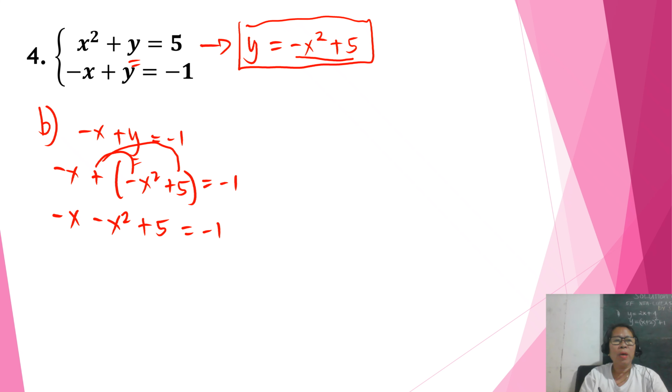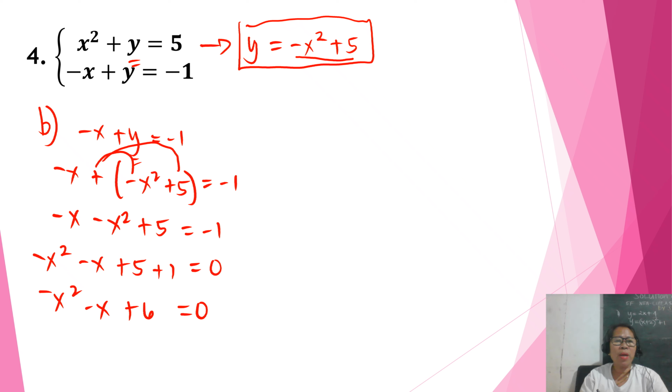And then we are going to arrange them into decreasing order. So negative x squared will be the first term, followed by negative x, then the plus 5, and that negative 1 will be transposed now, that will become positive 1. Okay, so negative x squared minus x, then the plus 6, because 5 plus 1 is equal to 6, equals 0.